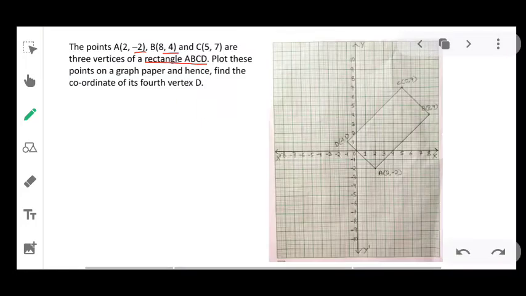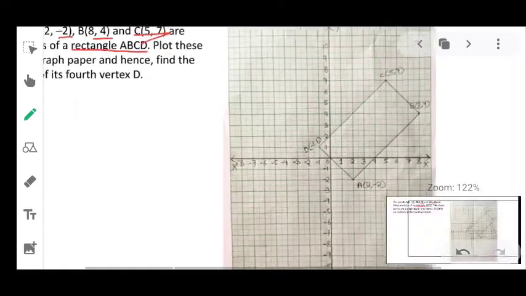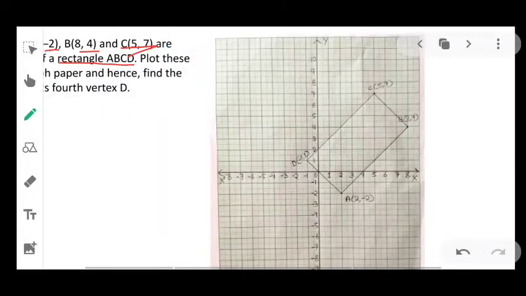Then C (5, 7). So 5 is the x coordinate, and 7 on the y axis. Now these two lines intersect at this point, so this point is C (5, 7).